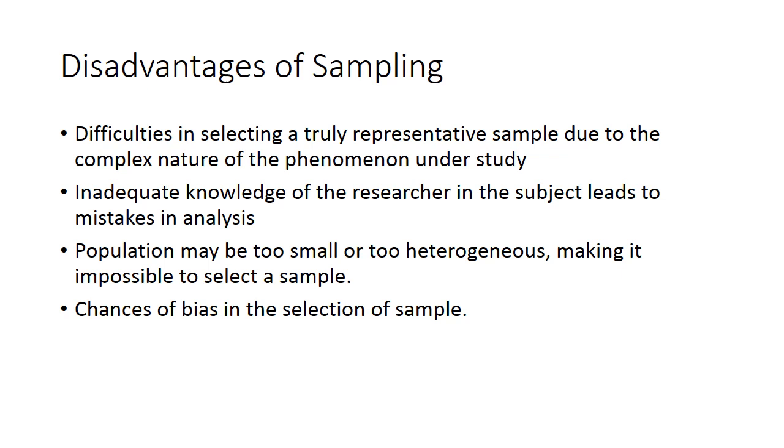To reduce this, a researcher must be well versed with the research questions and the objective of the research. The population may be too small or too heterogeneous, making it impossible to select a sample. And the last is the chance of bias in the selection of the sample. This is one of the most important disadvantages, which can be improved by adequate care.